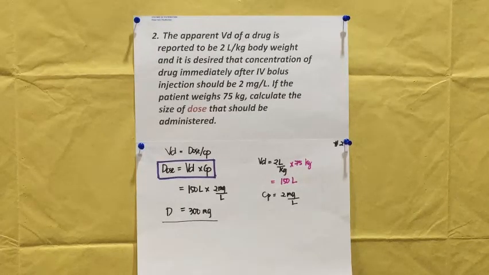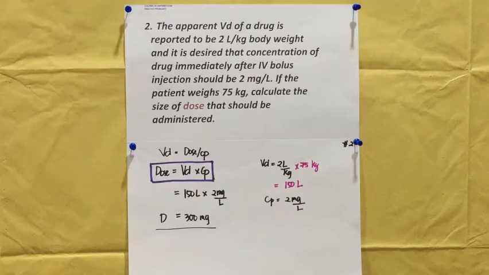If the patient weighs 75 kilogram, calculate the size of dose that should be administered. For this problem, we are looking for the dose. So, with this formula, VD is equivalent to dose divided by CP. So, let us derive the dose. So, the dose now is equivalent to VD times plasma concentration.